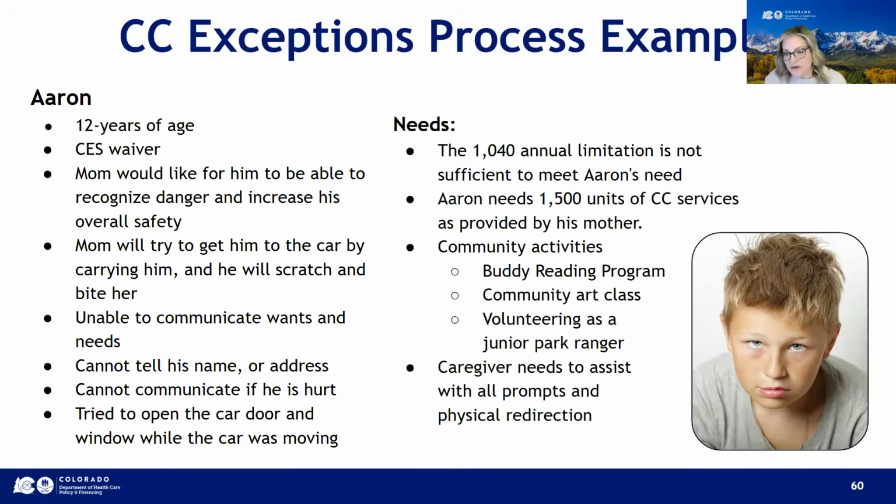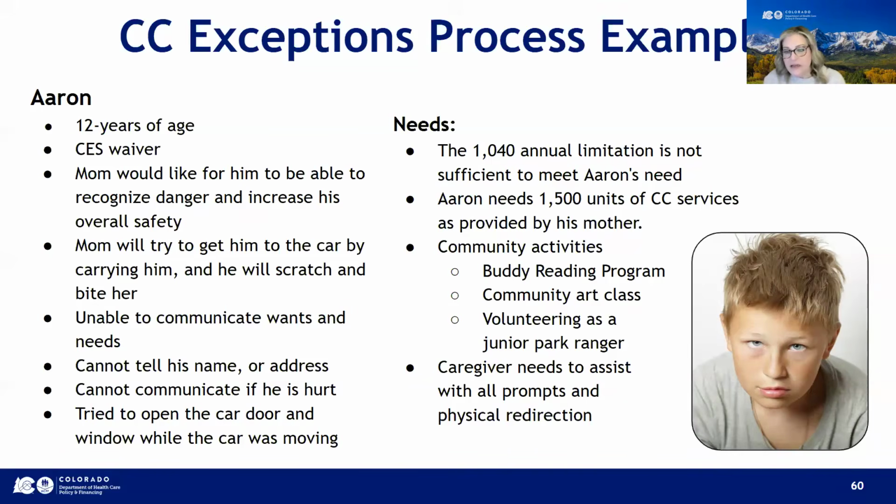The 1,040 annual limitation is really not sufficient here to meet Aaron's needs due to his high needs for supervision in the community and his family's challenges to find caregivers that can ensure Aaron's safety both at home and in the community. He likely needs about 1,500 units of Community Connector services as provided by his mother.